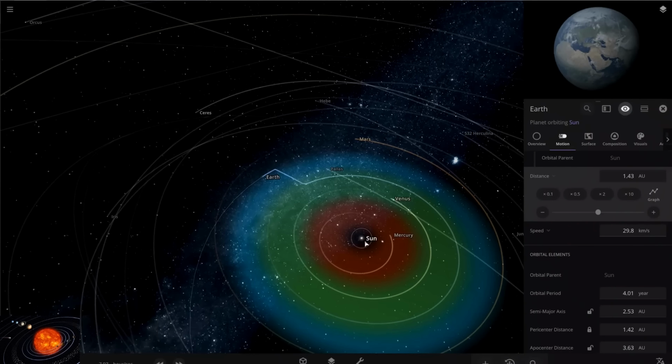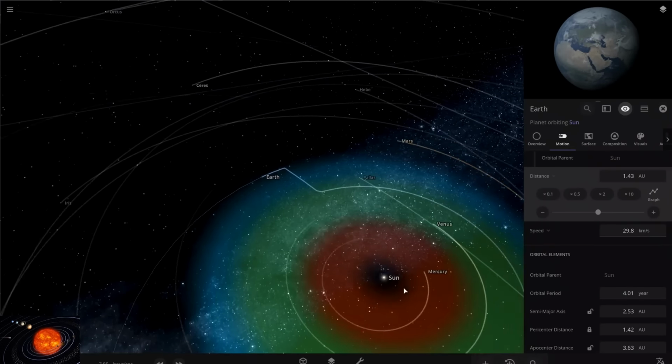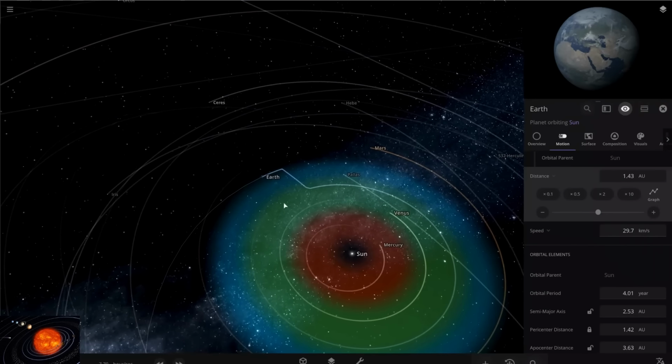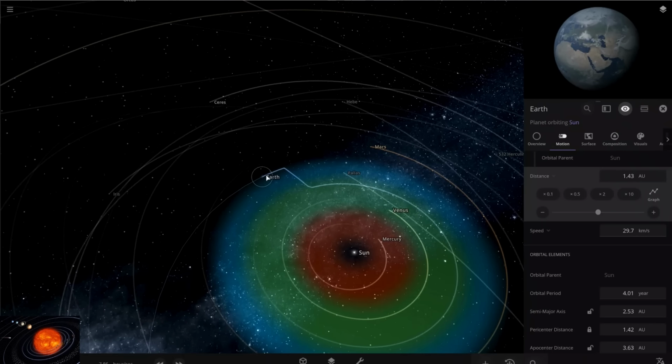If it's closer to the star, there would be in a red area, which is so hot to live. And if it's in blue area or more far from this area, there would be in a space in an area which is colder than the situation which a human can live.